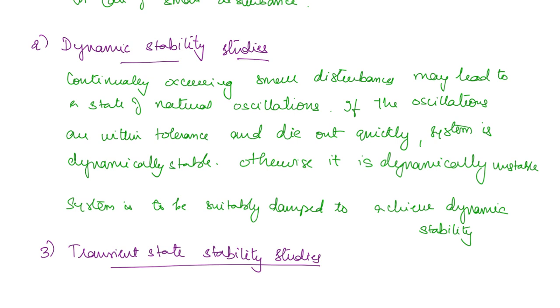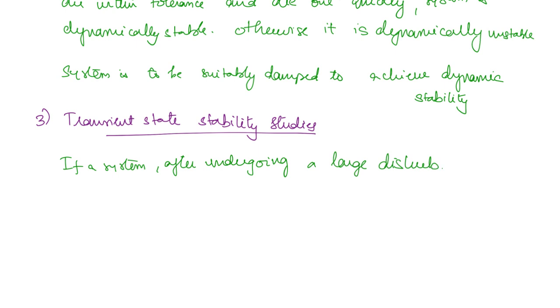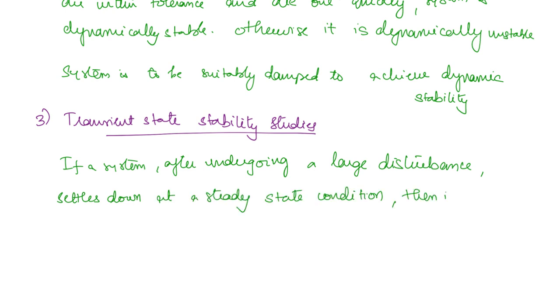So here we are going to deal with large disturbance. If a system is able to reach a steady state condition after undergoing a large disturbance, then it is called transient state stable. So if a system after undergoing a large disturbance settles down at a steady state condition, then it is called transient state stable.